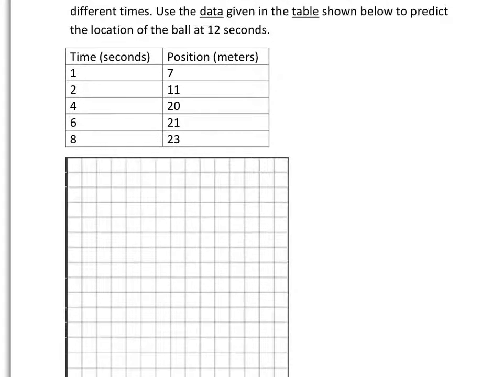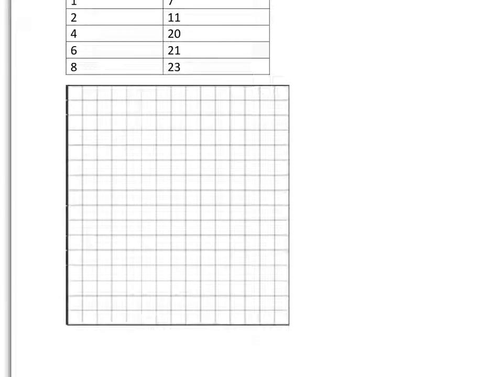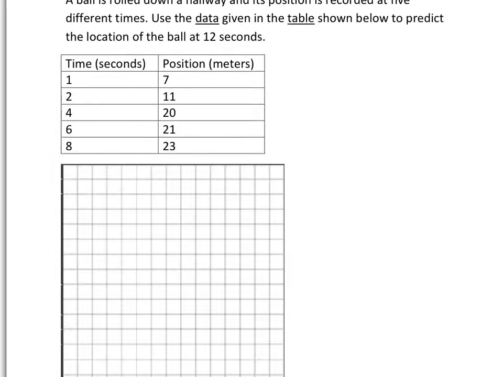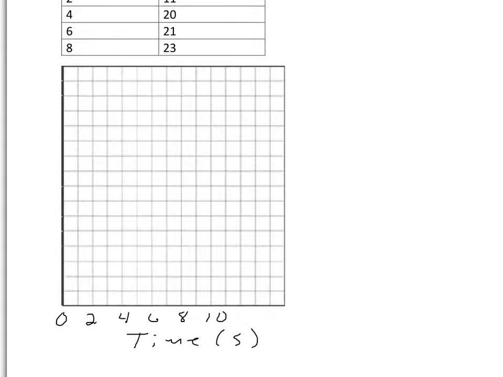So I need to label the axes. I'm going to use time for the x-axis. And time was in seconds. So 0, 2, 4, 6, 8, 10. And that should cover all my data. For position, I need to go up to 23.